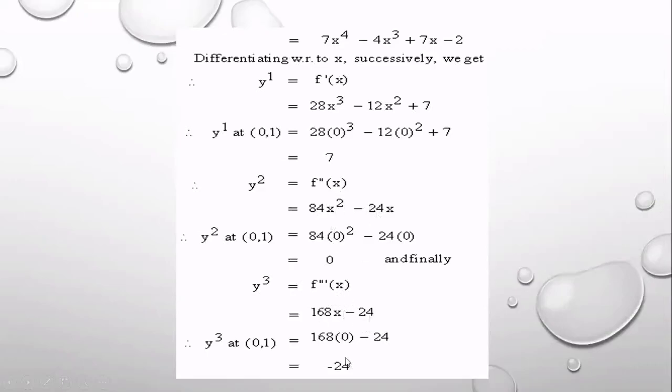Then x should be 24 over 168. This is the inflection point. So this is the graph sketching manner. We will use first differentiation, second differentiation, third differentiation, fourth, fifth, likewise, which we call higher order derivative.